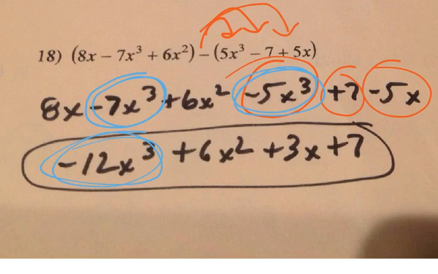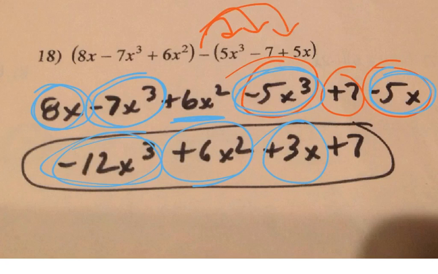Minus 12x3s. I have a 6x squared there. There's no other x squared, so it's 6x squared. I have an 8x there, minus 5x. 8 minus 5 is 3x. And the only thing left is that plus 7, right? And I'm done. So pause the video one last time if you need to.